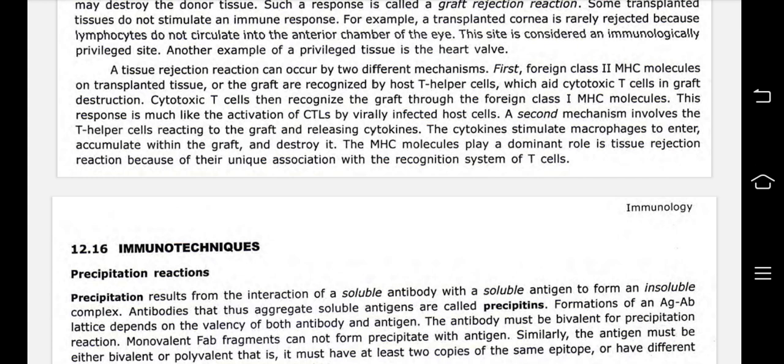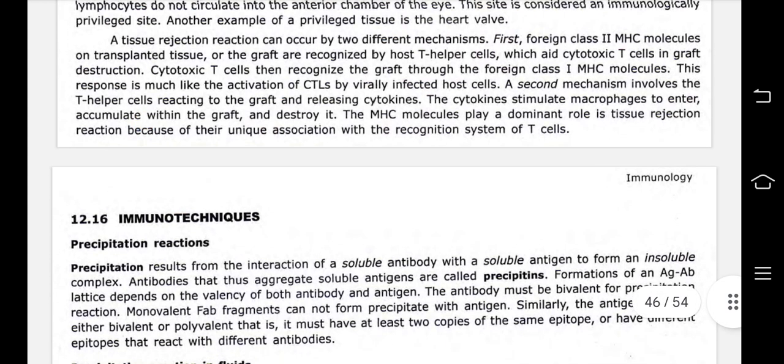This response is much like the activation of CTLs by virally infected host cells. The second mechanism involves the T helper cells reacting to the graft and releasing cytokines. The cytokines stimulate macrophages to enter, accumulate within the graft, and destroy it. The MHC molecules play a dominant role in tissue rejection reaction because of their unique association with the recognition system of T cells.